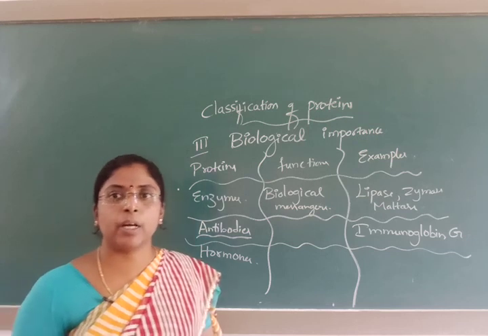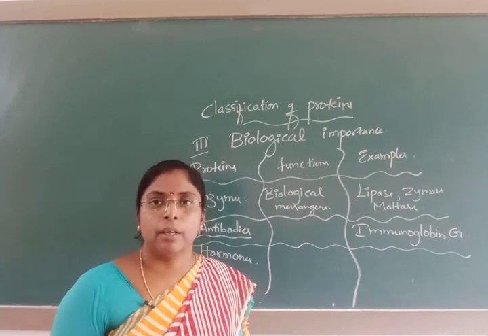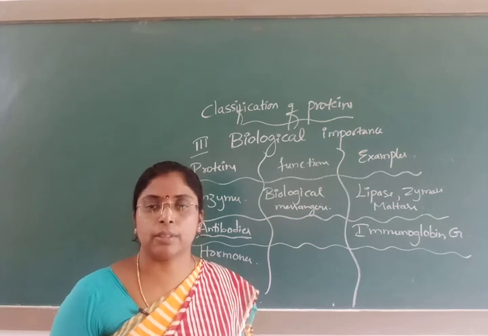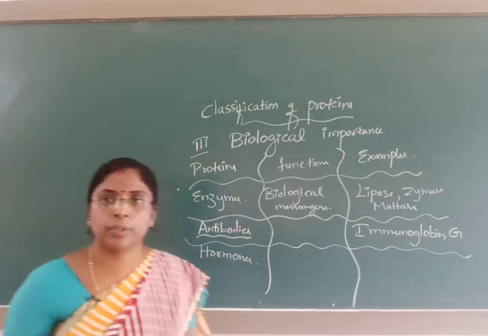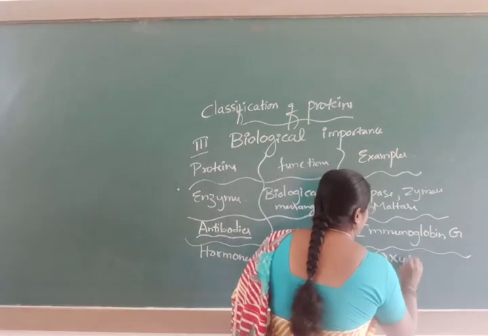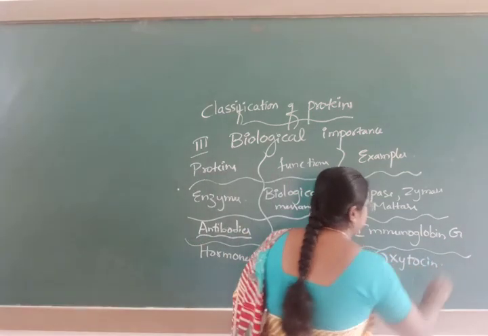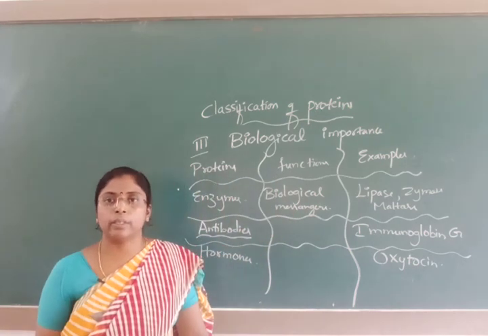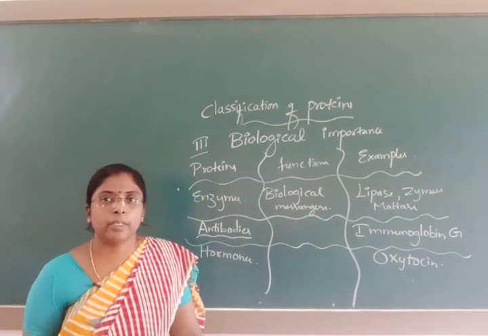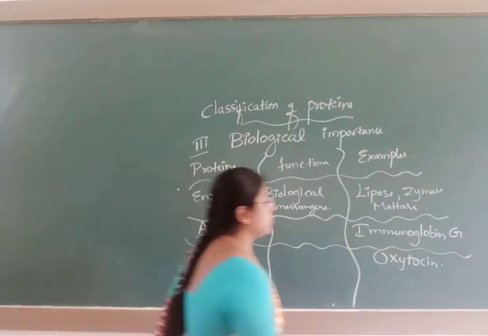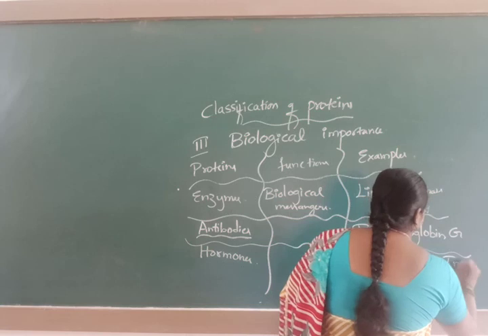Even though they are required in very small amounts, their function is very important. They are vital functions. An example is oxytocin. Another hormone is insulin, which is made up of 51 amino acids.